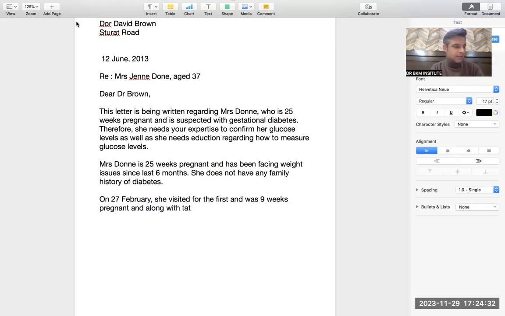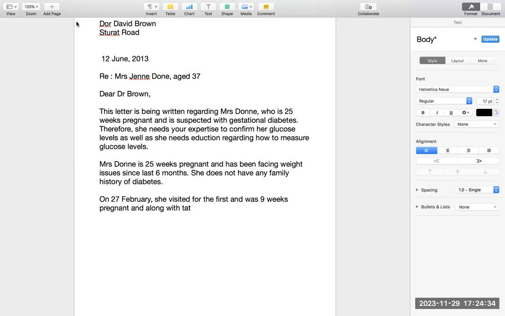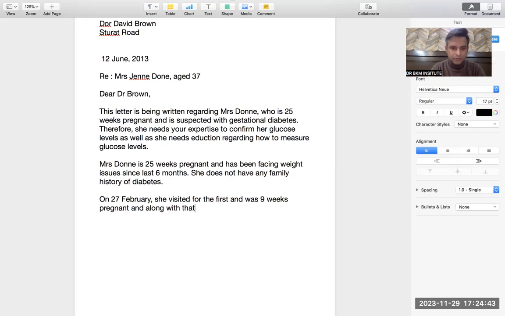So always note the past. Along with that, she was facing weight issues. Again, was is very important. She was facing weight issues. Or along with that, she was at risk of diabetes due to weight issues.